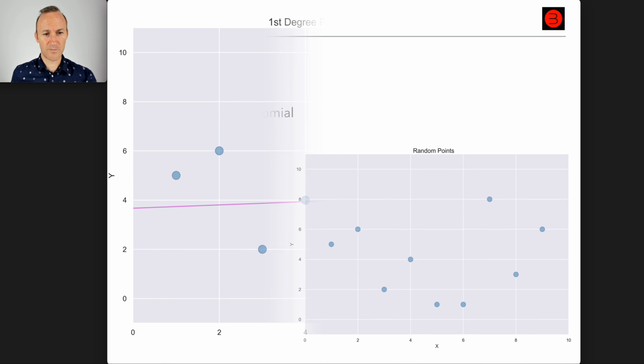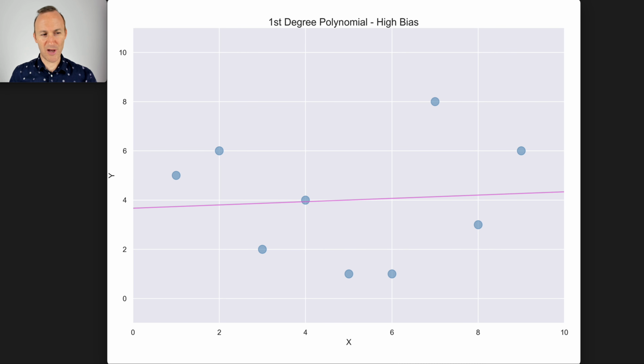All right, so let's start with the first degree polynomial, the classic linear regression line. In this case, this is considered to have high bias. The idea behind bias is that the regression line is biased based upon assumptions that have been made that may not really fit the data at hand.